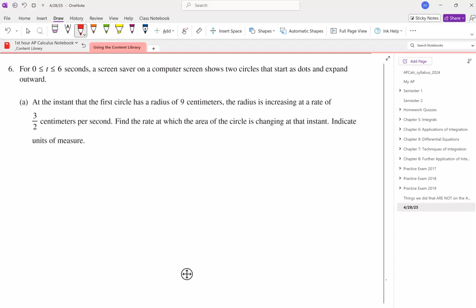Whenever I see rate, that's my derivative. And we're told that's when the radius is 9, that this is 3 over 2. Everybody's okay there.